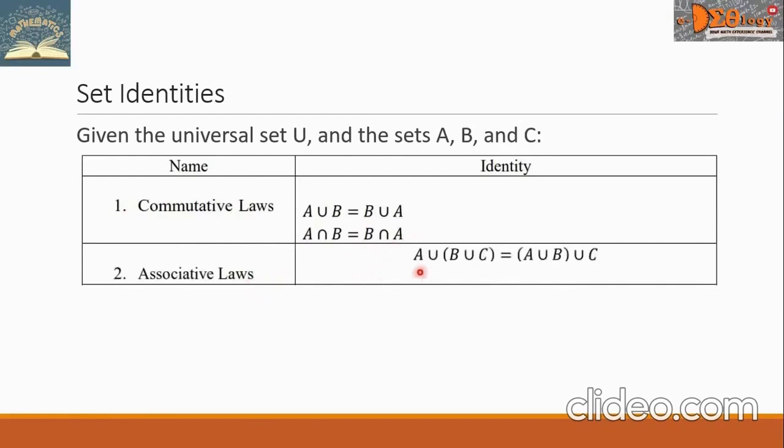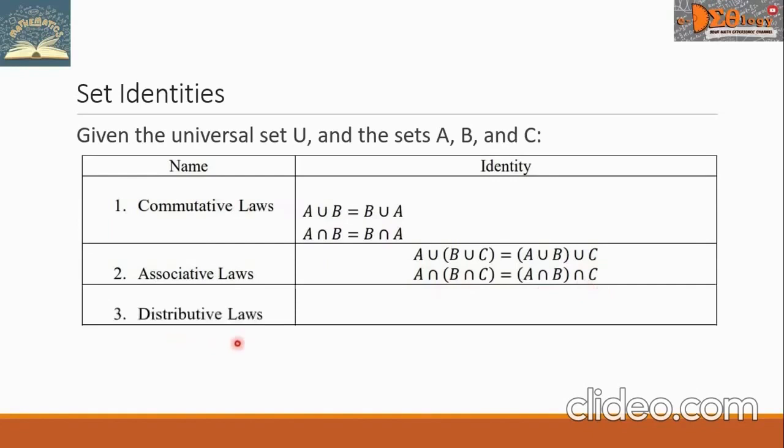The first is A union (B union C) equals (A union B) union C. Also, A intersect (B intersect C) equals (A intersect B) intersect C.